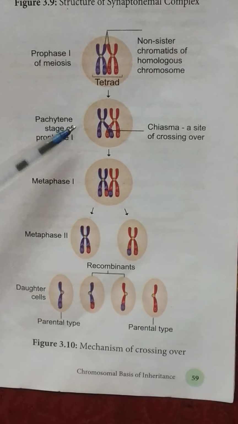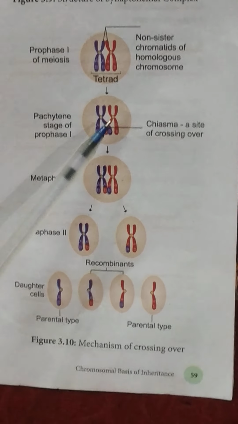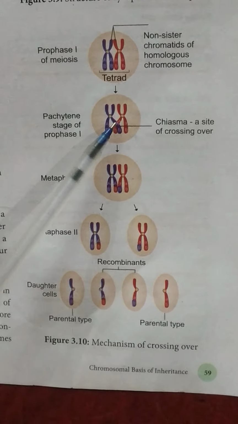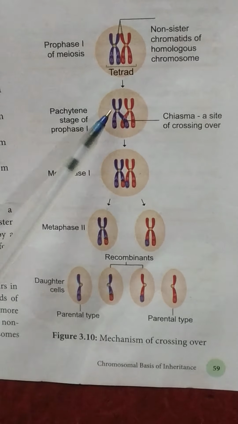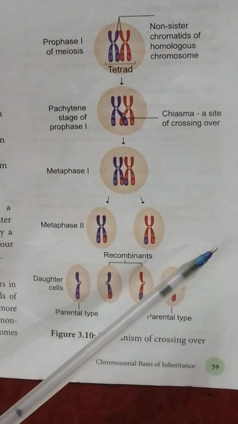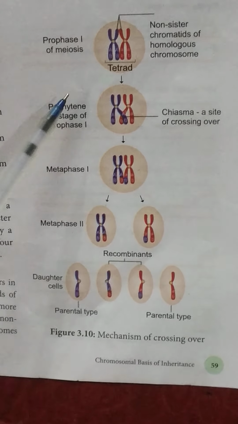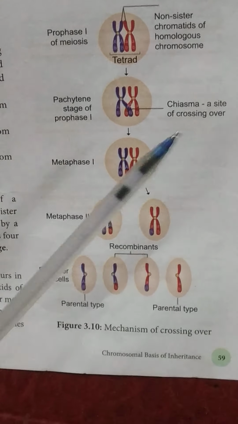Synapsis means the intimate pairing of the homologous chromosomes, the pairing of the two homologous chromosomes in the pachytene stage of prophase 1. In prophase 1 there are different stages: leptotene, zygotene, pachytene, and so on.